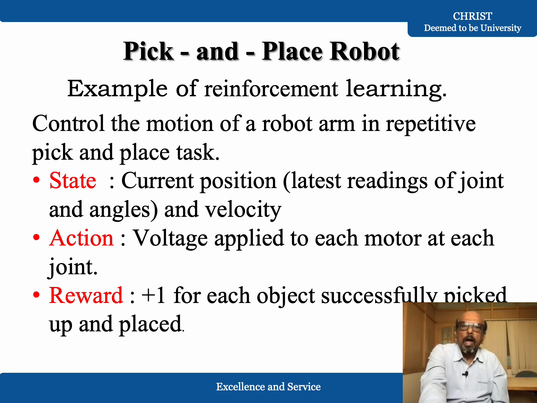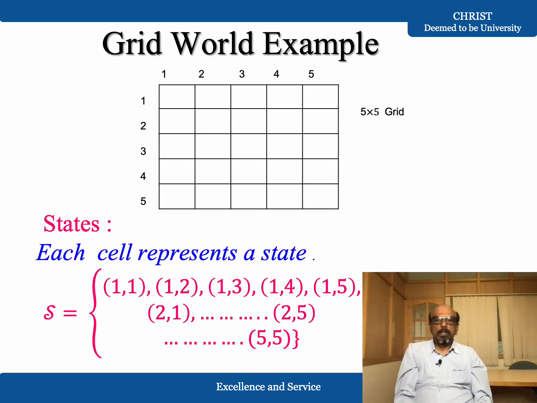Let us look at another example. This is a classical example normally we use to help people understand reinforcement learning. See, simply there is a 5x5 grid. In the 5x5 grid, each cell is called a state. For example, the top left one is called the northwest corner, which is 1,1.